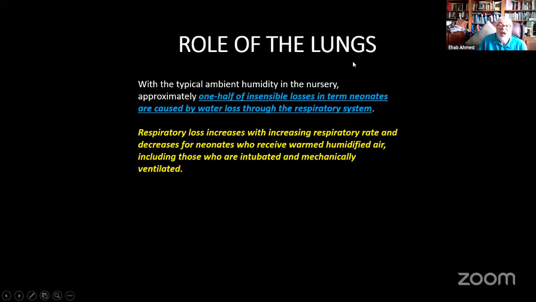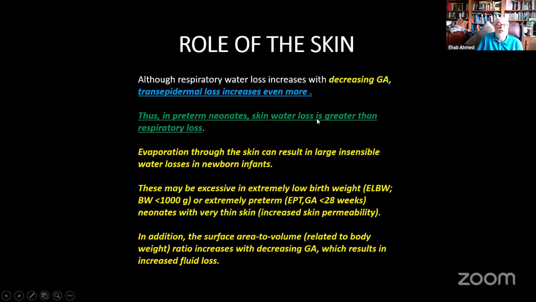The lungs play an important role in the insensible water loss, and it varies between 1/3 to 1/2 of the total insensible water loss. And this is important when you do mechanical ventilation, CPAP, or nasal cannula, you have to humidify the air or oxygen you are giving.